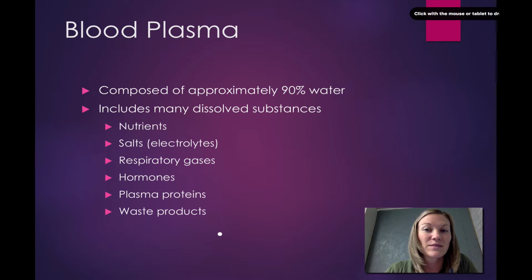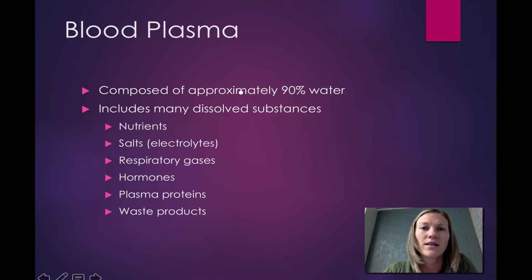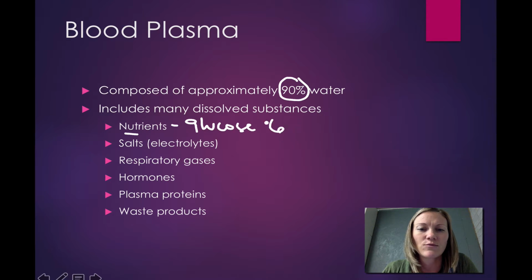And then we go back to blood plasma. We showed that on a little table earlier. So 90% of blood plasma is actually made up of water. It includes a lot of dissolved substances, so things like nutrients, which can be in the form of sugar, so we'll just put glucose, C6H12O6.